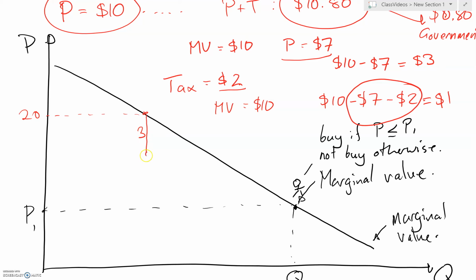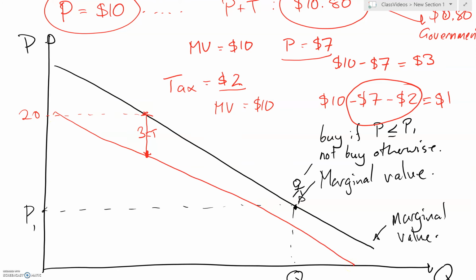So my demand curve should be somewhere down here. Well, it should be exactly there, right? This is the value of the tax. So this means that the demand curve is going to shift down by the value of the tax.